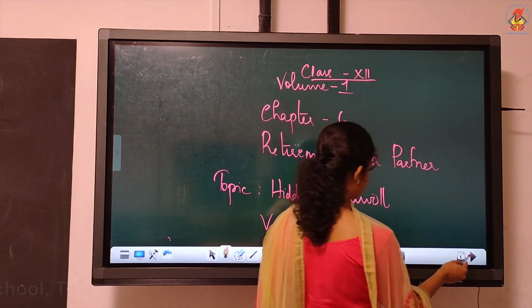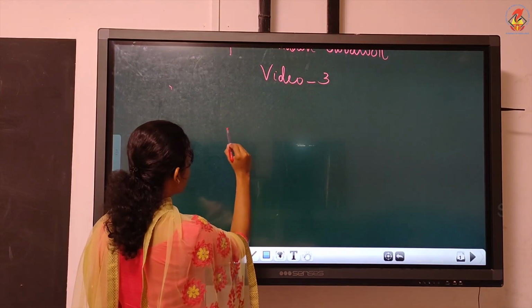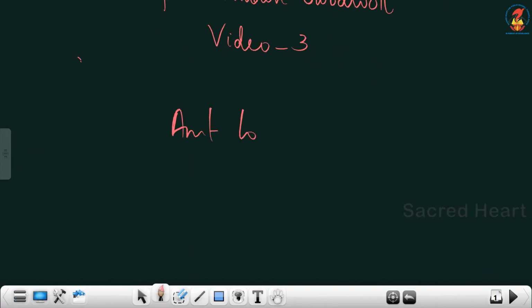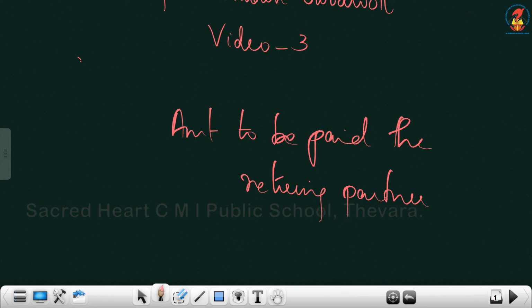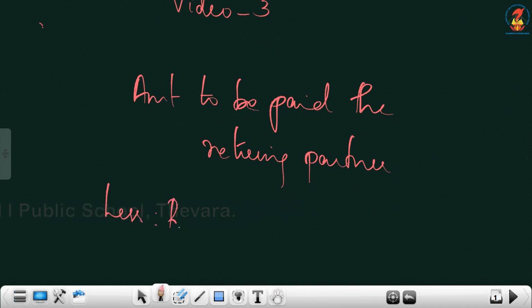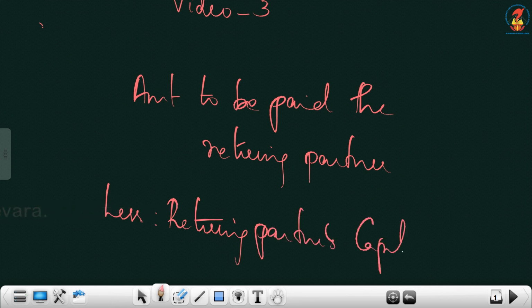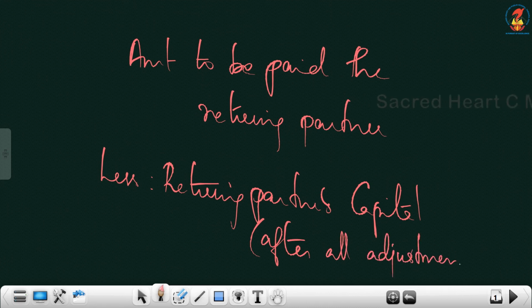Now in this chapter, retirement, the hidden goodwill formula will be: amount to be paid to the retiring partner, less retiring partner's capital, within brackets you have to write after all adjustments.